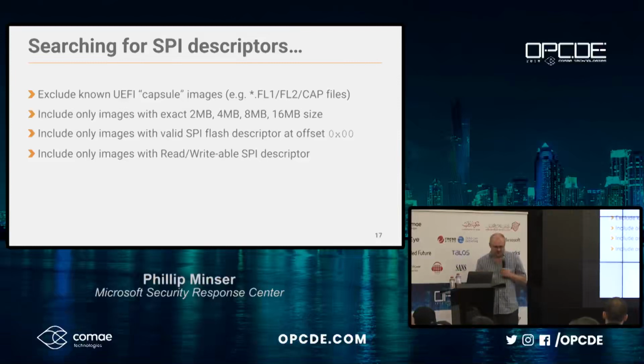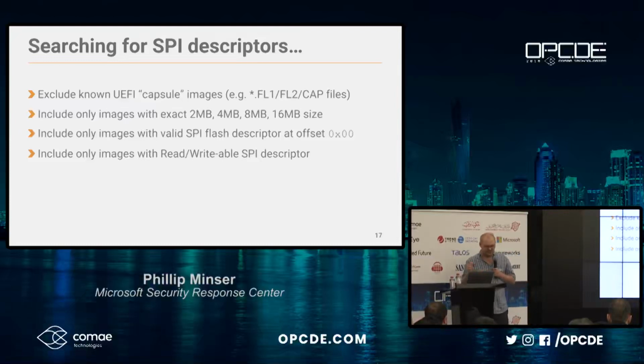We know which of them are UEFI BIOS update images, and we know the list. Now we need to really precisely create the algorithm which will detect the vulnerability. So first we need to exclude the known UEFI capsule images, because capsule images are typically signed and typically don't have as many problems as others.